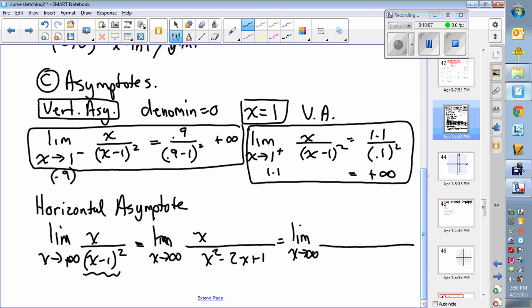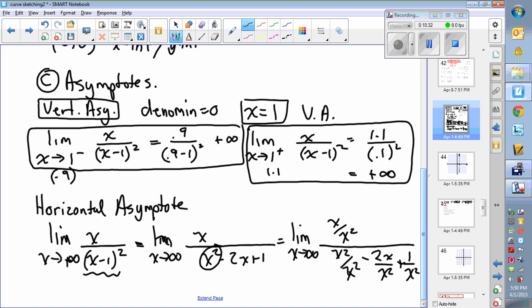Your rule was to divide everything by the highest power of x. The highest power of x is x squared. So in the numerator, you divide x by x squared. In the denominator, you divide everything by x squared. So you get x squared over x squared minus 2x over x squared plus 1 over x squared.